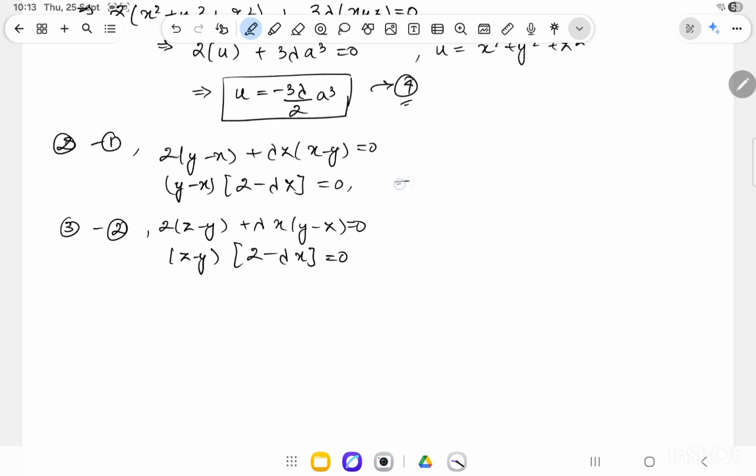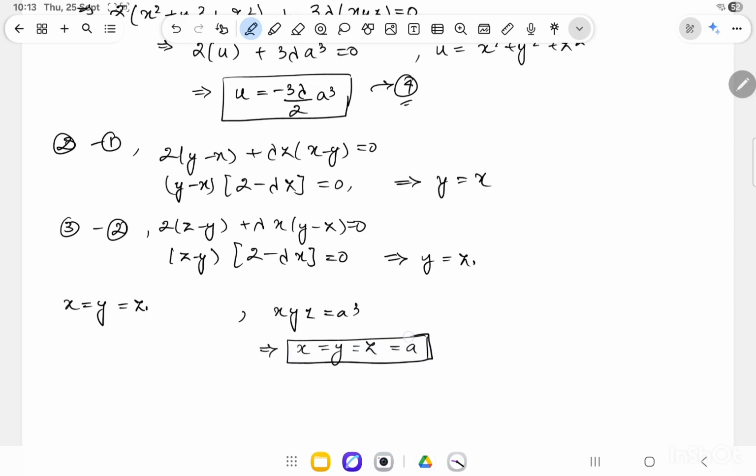So from here I'll get y equals to x, and from here I will get y equals to z. So my relations are x is equals to y is equals to z, and we know that xyz is a cube. That basically gives x equals to y equals to z is equals to a.